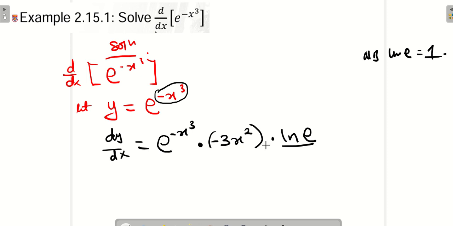So we have negative 3 will come first. Negative 3x squared, then e to the power negative x cubed. This will be 1. So dy dx is equal to this. That's the answer.